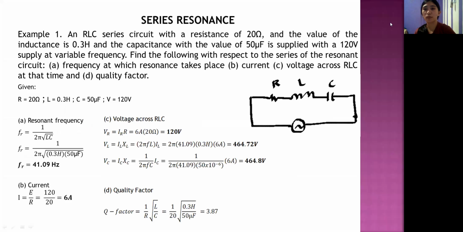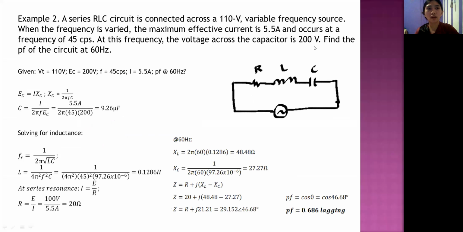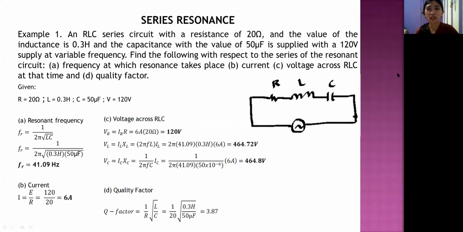The given problem is an RLC circuit with a resistance of 20 ohm, an inductance of 0.3 Henry, and a capacitance of 50 microfarad, supplied with a 20 volts supply at a variable frequency.